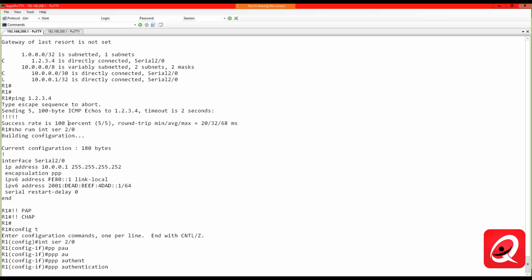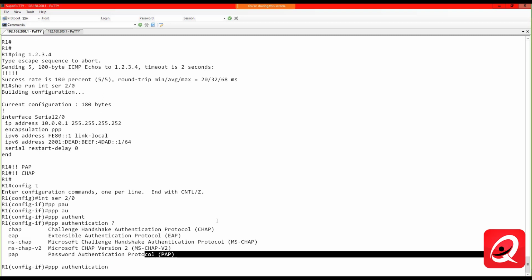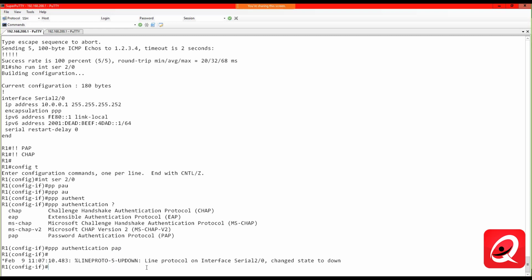You can see that we have several different options. I can use CHAP, EAP, MS-CHAP or MS-CHAP v2, or PAP. Like I said, the extent of what you're going to have to know on the exam is PAP and CHAP. So let's go ahead and enable PAP authentication.